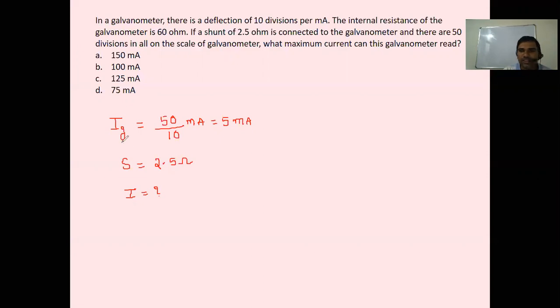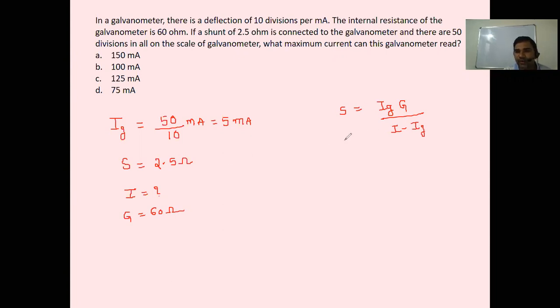They gave Ig, and they also gave the internal resistance of the galvanometer, that is G is equal to 60 ohm. So we have a formula, shunt resistance S is equal to Ig G by I minus Ig. But in this case, we have to find I.